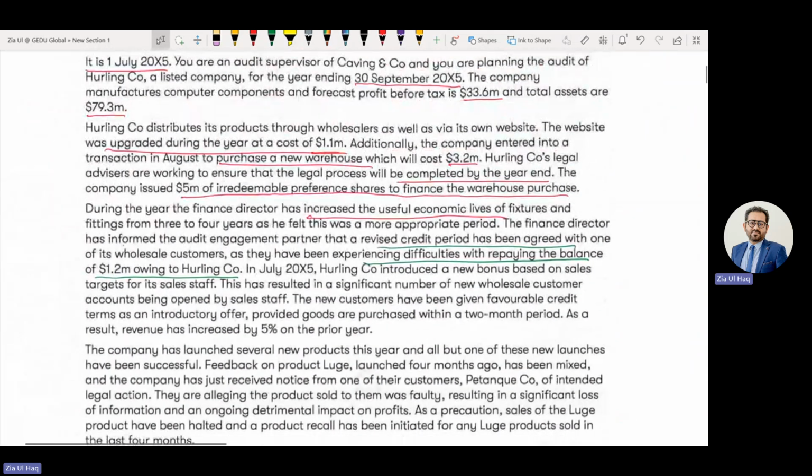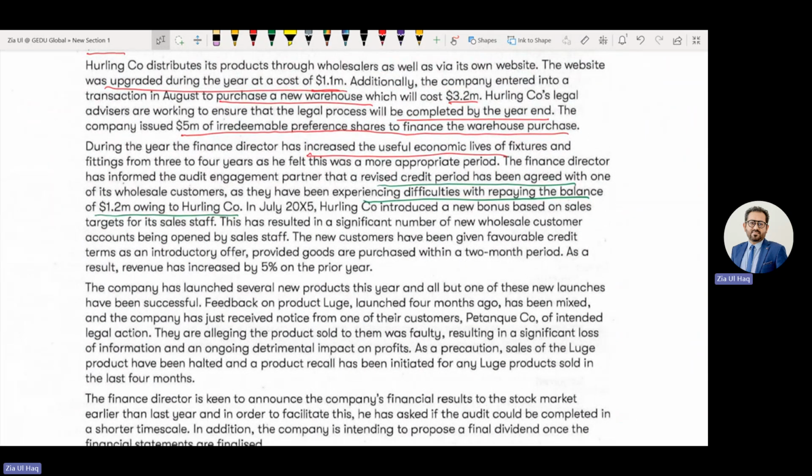There is so much information still available. In January 20x5, Hurling company introduced a new bonus based on sales targets for its sales staff. This has resulted in a significant number of new wholesaler customer accounts being opened by sales staff. If a bonus is attached to their sales, they will try to record more sales to get the bonus.